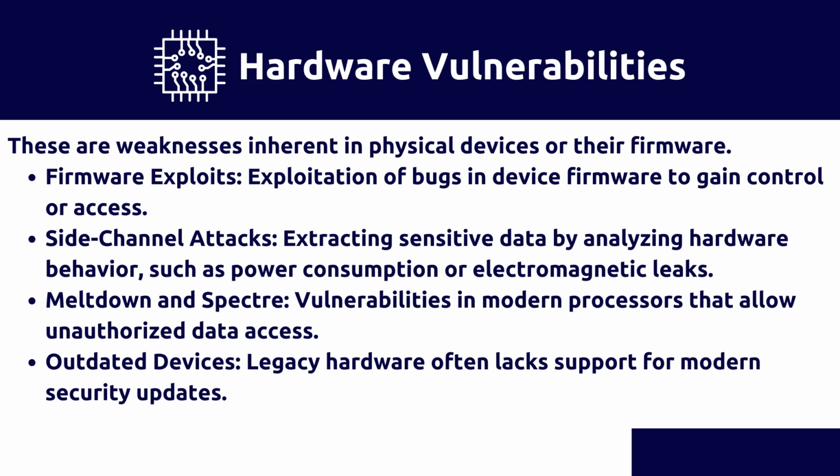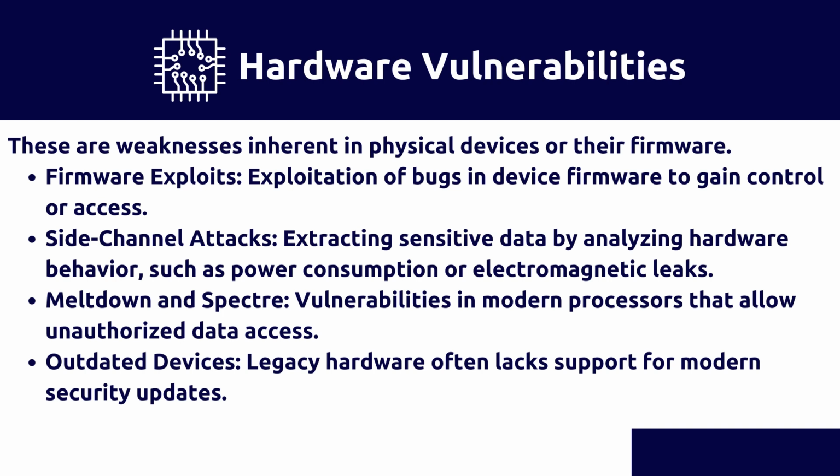We have the hardware vulnerabilities. These are weaknesses inherent or common in physical devices or their firmware. Number one, we have the firmware exploit. Exploitation of bugs in a device's firmware to gain control or access points. We have the side channel attack. Extracting sensitive data by analyzing hardware behavior such as power consumption or electromagnetic leaks.